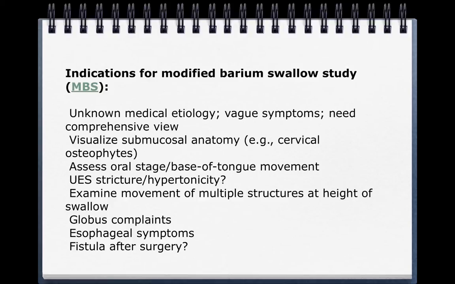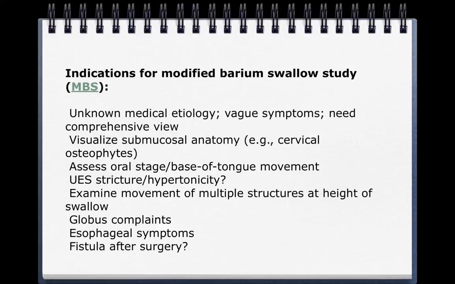And fistula after surgery, again, if you suspect that there may be some abnormal structural result after a surgery, like let's say someone has esophageal atresia or does not have a sturdy or even at all connection from the pharynx into the esophagus, and there's been a repair, but you're wondering if there's a little fistula or pocket that was left after the surgery, and that would explain perhaps why there's reflux or something like that.